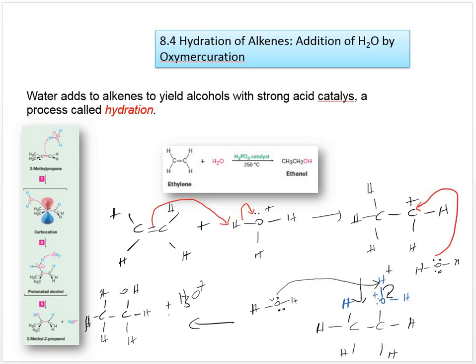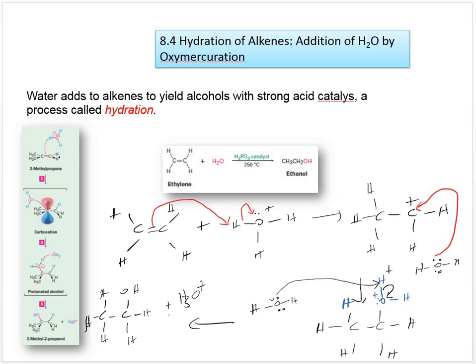If you look at this specific example, 2-methylpropene, at the carbon-carbon double bond, the substituents on the carbons are different, and it's an asymmetric alkene. When we have an asymmetric alkene, follow the Markovnikov rule. What does Markovnikov say? The rule says that when we are forming a carbocation, hydrogen will be added to the carbon with fewer substituents.